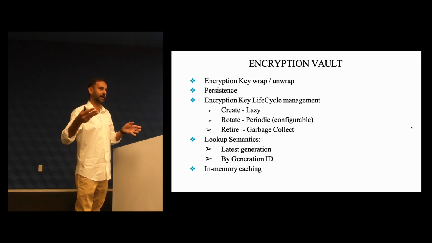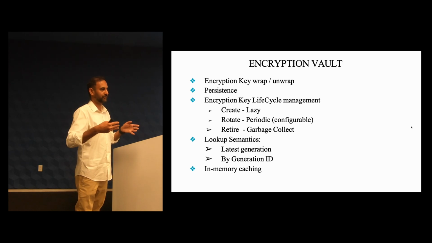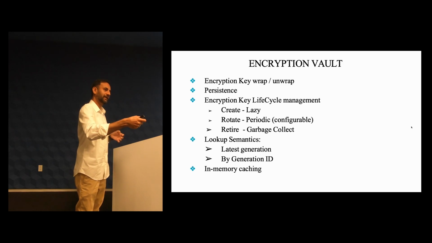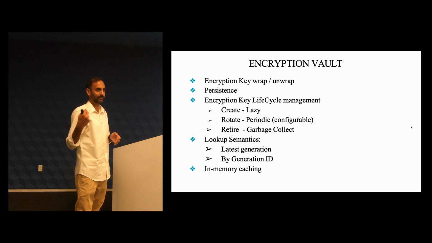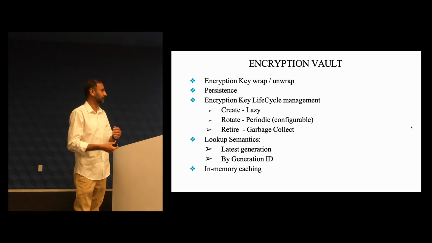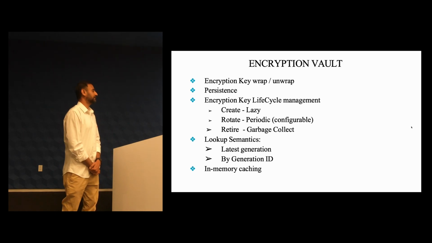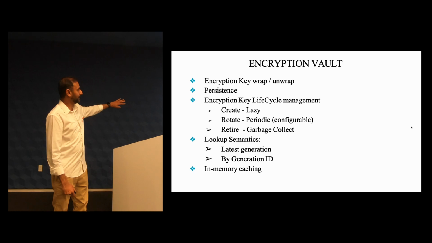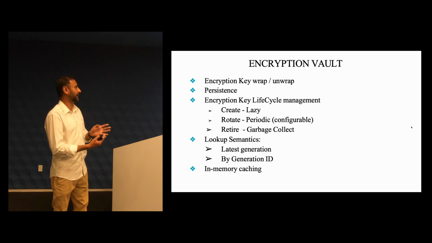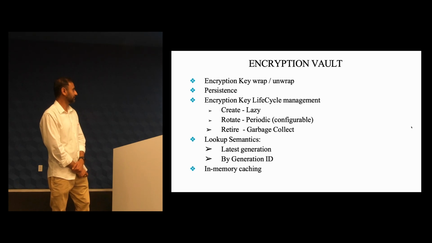The second one is to look up the key to store or read any of the data that was written in the past. For that, I'll give you a generation ID or a unique ID for the key, and you give me back that key. So your vault needs to have at least these two APIs, and I'll explain why it is needed, because that's what our integration to FDB hinges on.